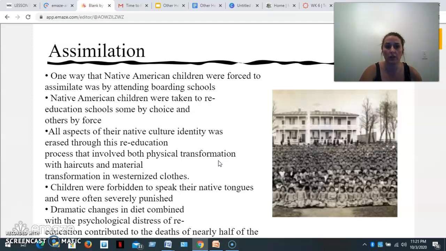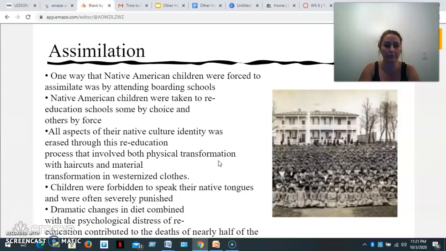The process did include physical transformations in the form of haircuts and westernized clothes. If that doesn't make sense, just read the slide. Children were forbidden to speak their native tongues, and were even severely punished for that. So that definitely was a very dramatic social change for them.